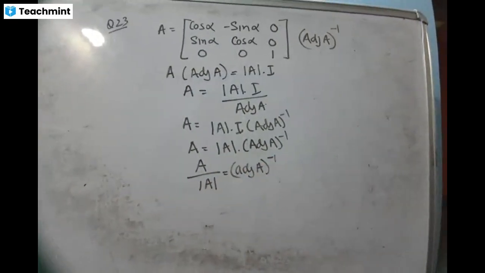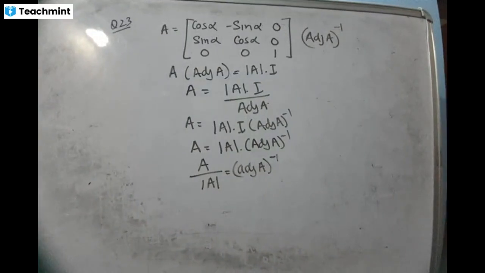So you can see clearly that you simply have to find the determinant of this matrix. And don't think that finding the determinant of a 3 cross 3 is long. Look at the question properly. The hint lies in the question itself.